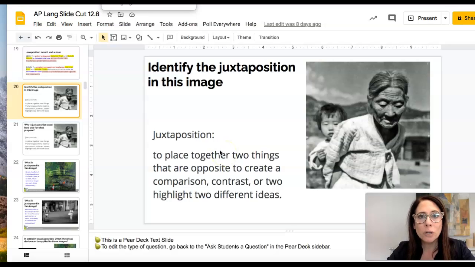And the verb form is the words are juxtaposed near each other, or the writer is juxtaposing these two things. So you see here we have an older woman and a young baby, and so the old and the young are placed together.